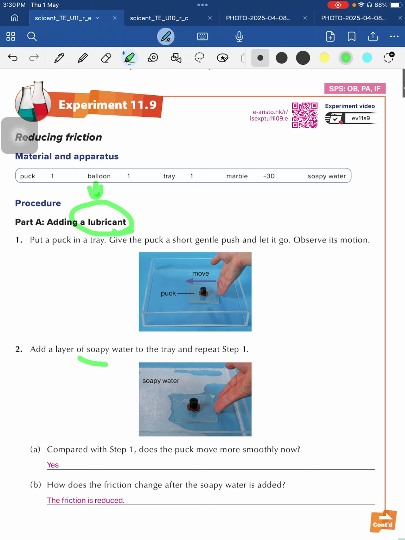And if we place some soapy water and then repeat step one again, you find that it is now much easier to move the puck. And why do we have this? Because the friction is reduced by the soapy water.